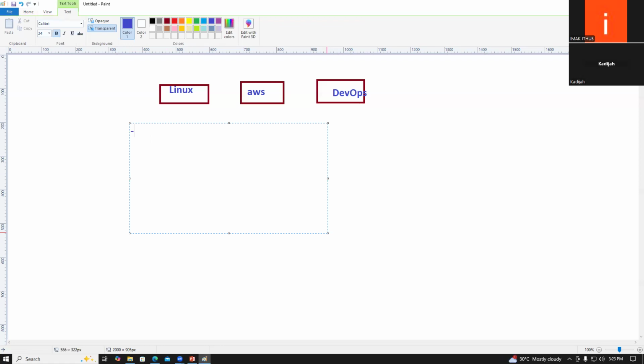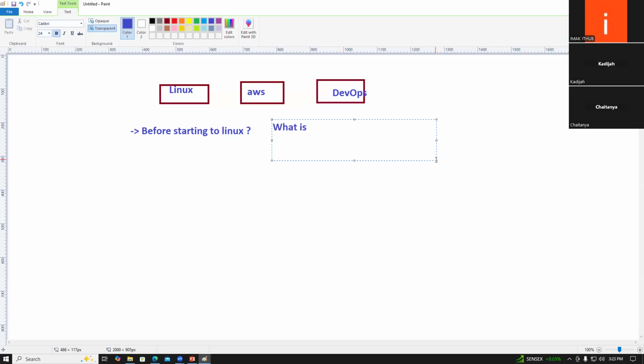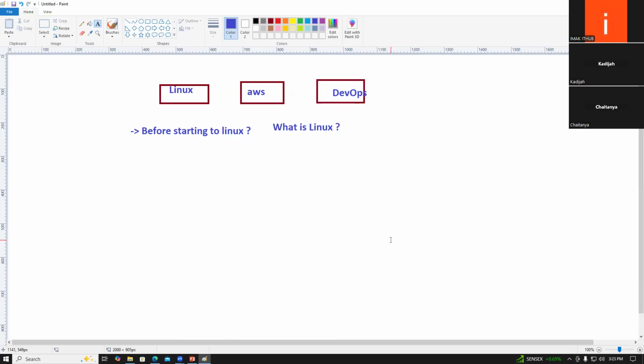So Linux, right? Before starting Linux, do you know what is Linux? I believe it's a web server.